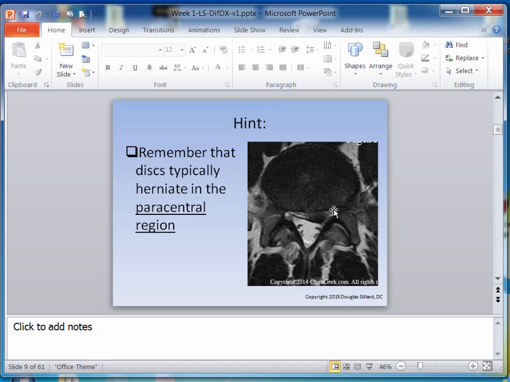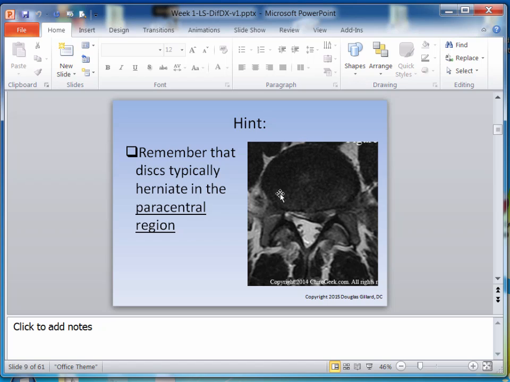I think disc herniation is good. We're going to talk more after midterm about this more specifically. But if you say a disc protrusion or disc herniation, I want you to tell me where it is. It's in the lateral recess here, or you can say it's a paracentral disc herniation, which would be perfect. It's not a far lateral disc herniation, it's not a central disc herniation, or an anterior disc herniation, which would be up here.